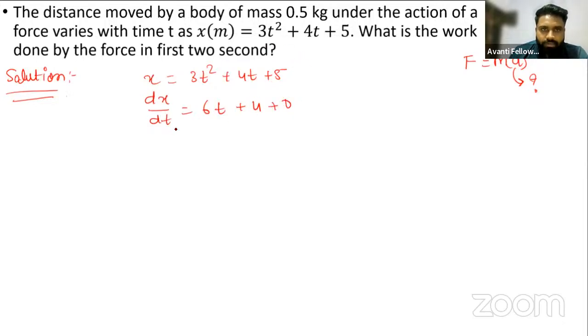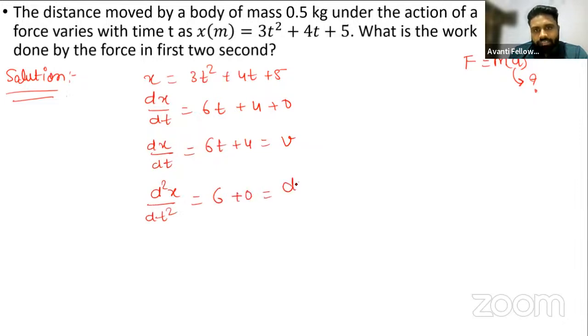So dx by dt is equal to 6t plus 4, which is nothing but velocity. If you again differentiate it, d2x by dt square is equal to 6 plus 0, and which is dv by dt, which means change of velocity with respect to time, and it is nothing but acceleration.